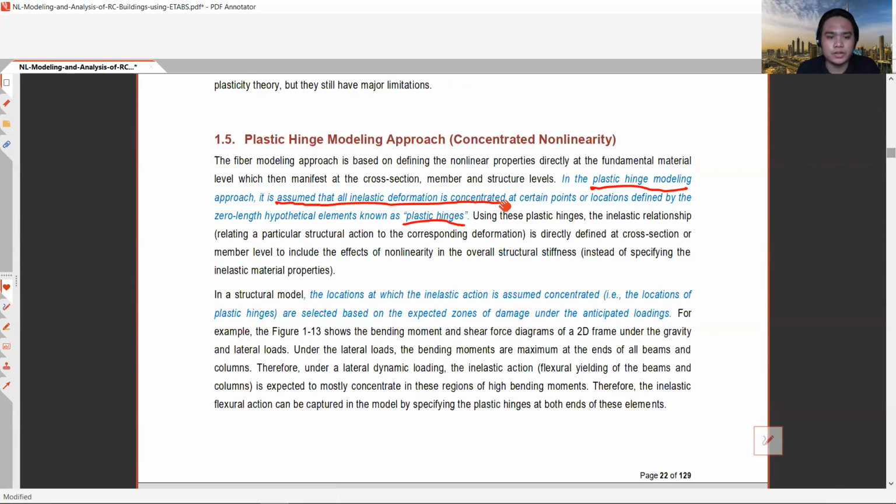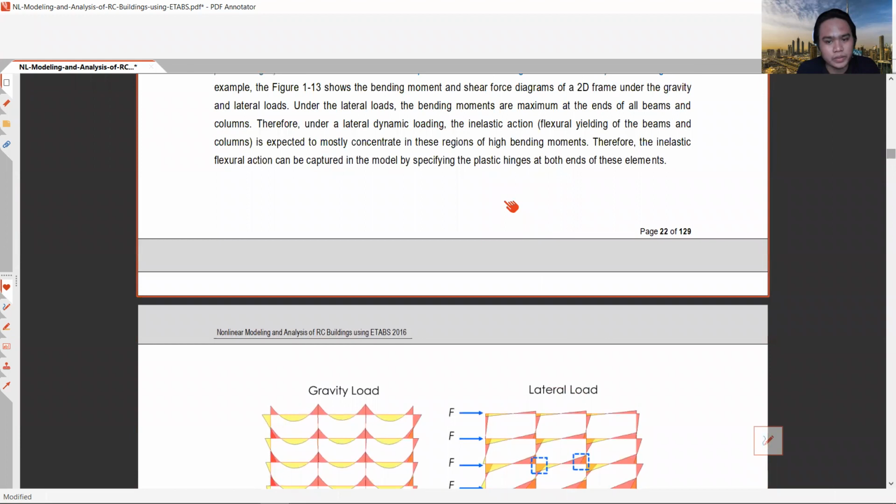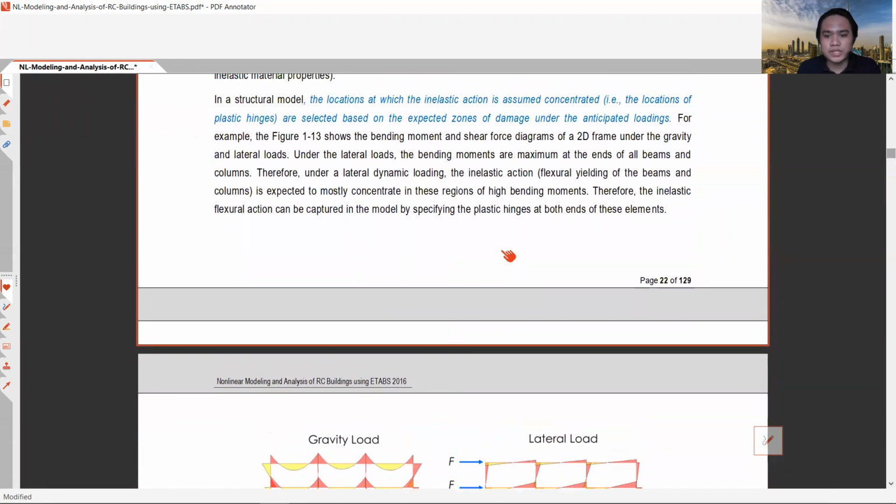So for the plastic hinge modeling, dun lang daw siya sa location at which daw expected the mostly high demands or bending moments. Okay, so take note of this. We need to take note of this.